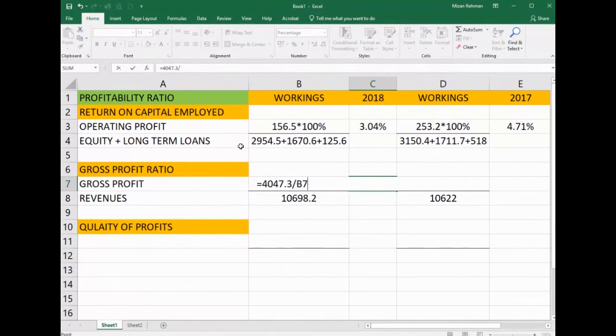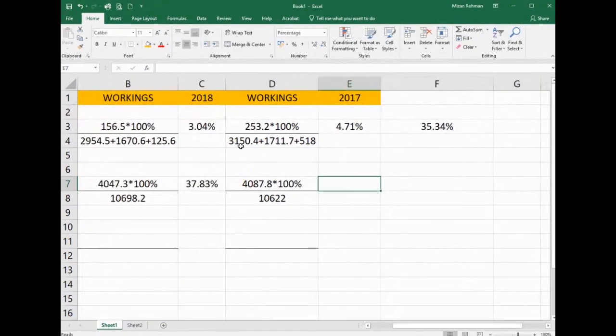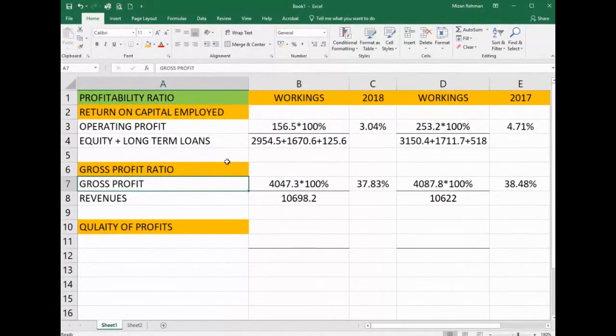4047.3 divided by 10698.2, and then 4087.8 divided by 10622. So we have calculated gross profit ratio for Marks and Spencer, and we can see that it's very stable.